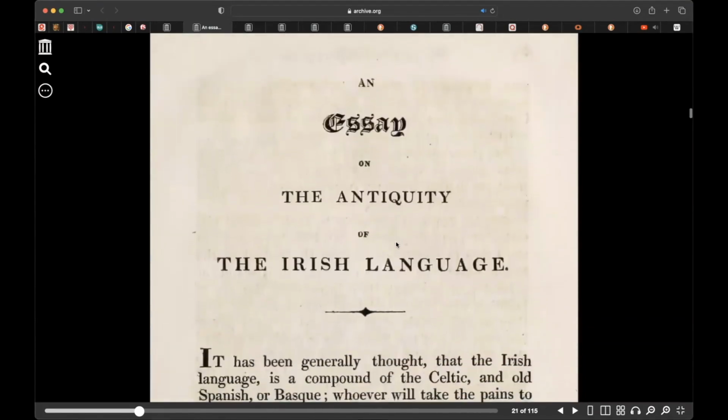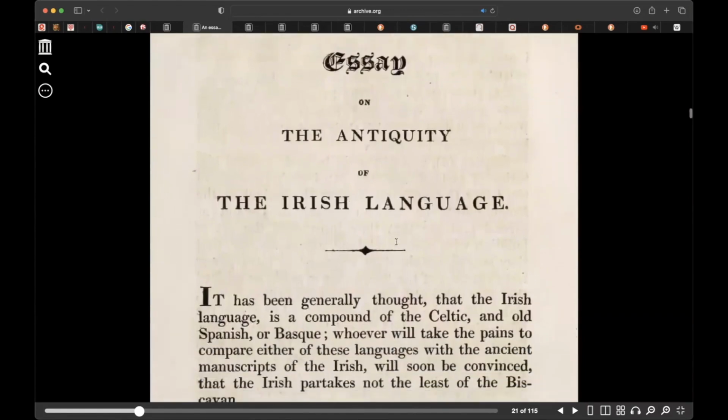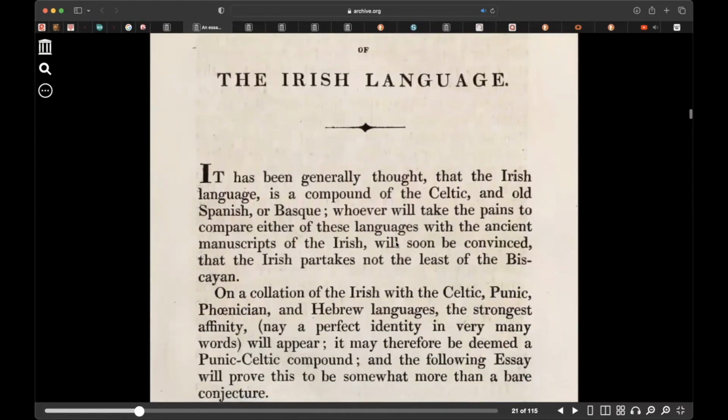Says here in, I guess, chapter 1, an essay on the antiquity of Irish language. It has been generally thought that the Irish language is a compound of the Celtic and Old Spanish or Basque. Whoever will take the pains to compare either of these languages with the ancient manuscripts of the Irish will soon be convinced that the Irish partakes not the least of the Biscayan.